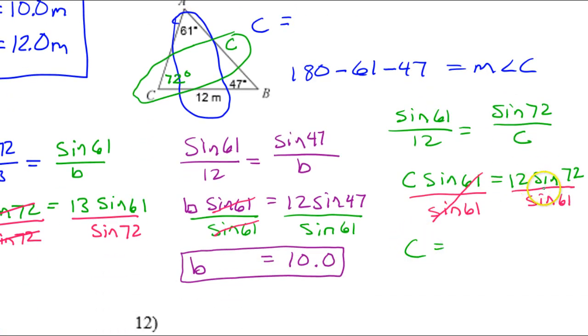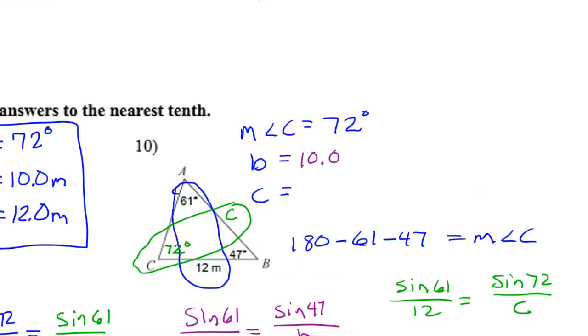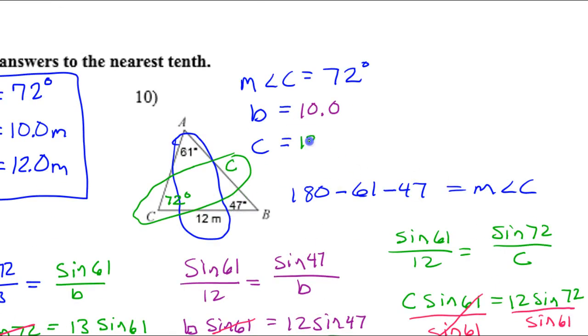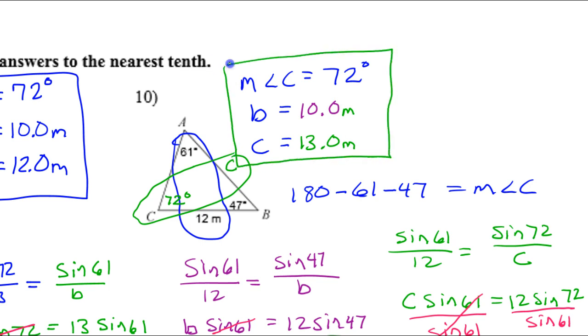So I'm just going to put this in my calculator, and that should give me the value of side C. And that turned out to be 13.0. Units, I should be saying that this is meters and this is also meters. So that is the final answer for problem number 10.